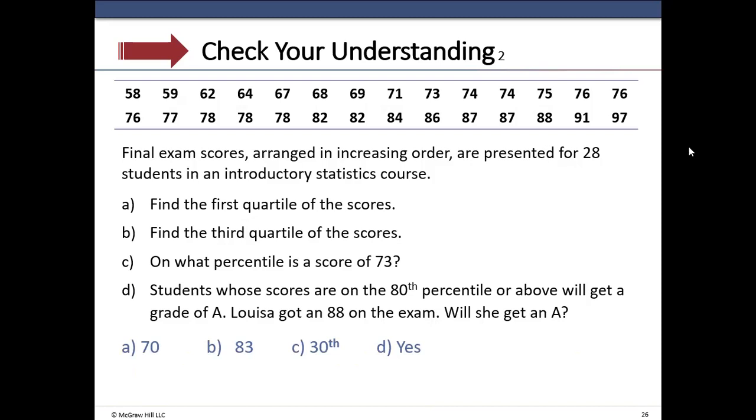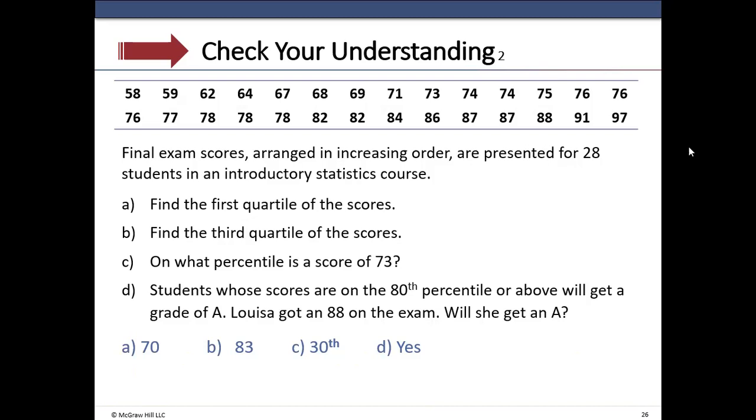Okay. Then it asks in what position is 73. How many numbers are below 73? 1, 2, 3, 4, 5, 6, 7, 8. So 8 numbers below 73.